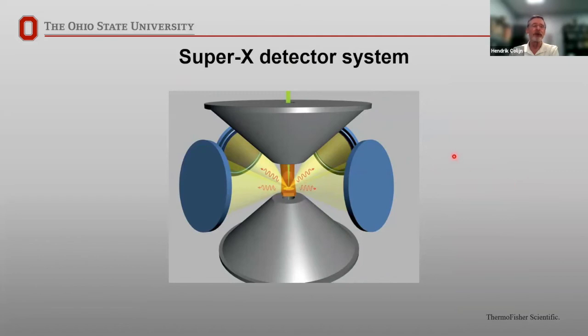You don't have to tilt it. So you can get quite a large solid angle out of this, and that's very important as we're trying to detect very, very small amounts of material. The larger the solid angle, the fewer X-rays are heading off in some direction that you'll never detect, so you're detecting more of the generated X-rays.